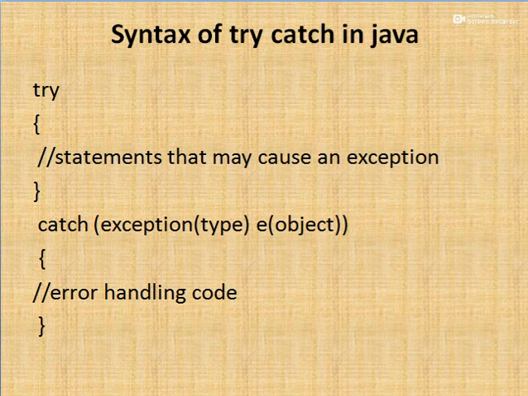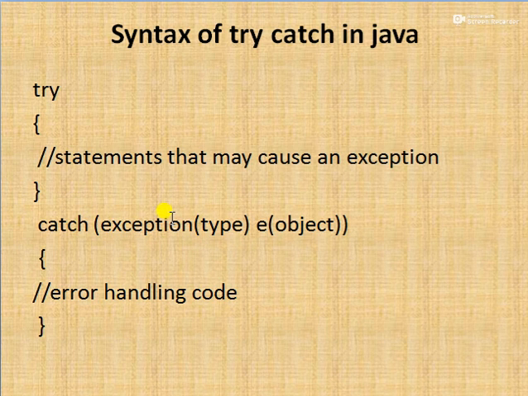Try is a keyword, and the statements that may cause an exception we will write in this try block. Then we will catch them with the exception. Here we'll write the try block and then we'll write the catch block, where in the catch block we will write the exception.